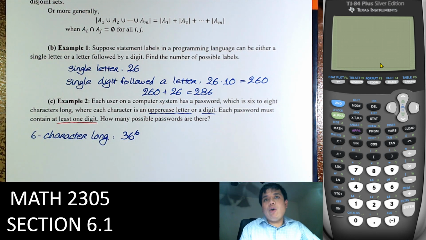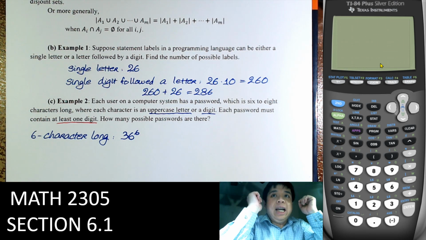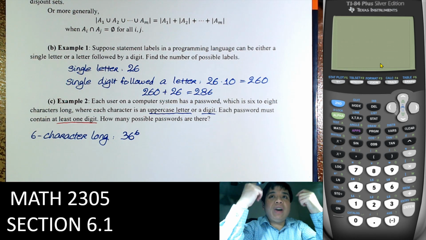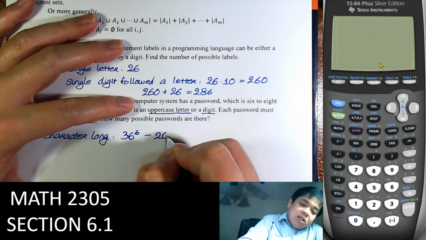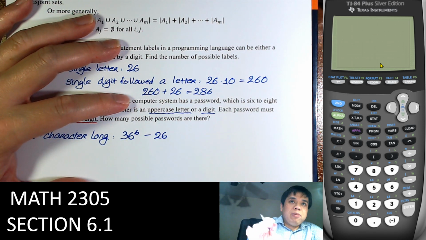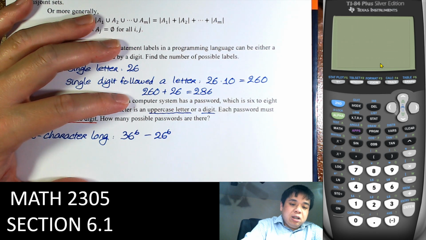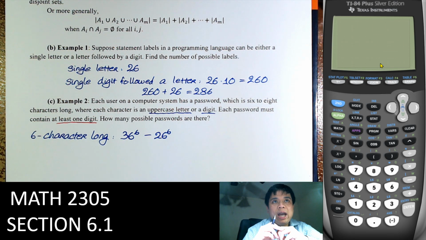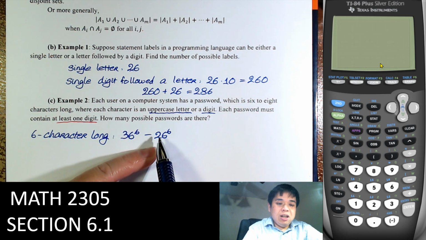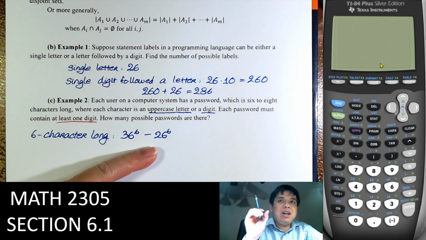Now this is difficult to count directly. However, it is very easy to count when we don't have any digits. If we have only the 26 letters, so 26 is no digit at all, raised to the 6. So you have 36 cases of maybe letter or digit mixed up together. Subtract 26 to the 6, that is no digits.